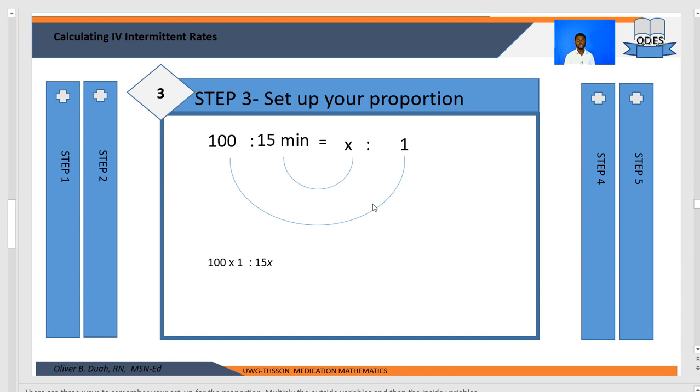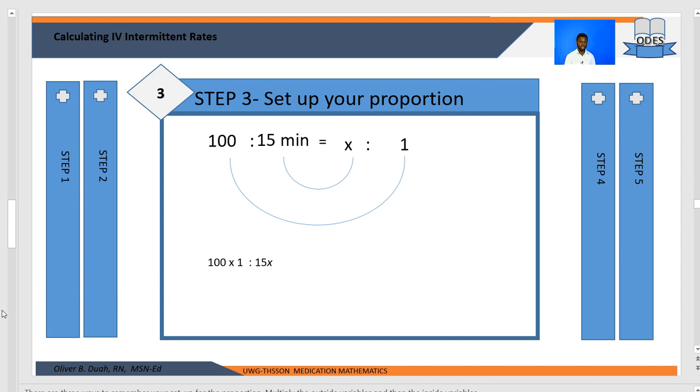This can also be set up using the proportion. So we have 100 ml is to 15 minutes as x is to 1. And when we set up our equation, our ratio is going to be 100 ml times 1 is to 15 times x.